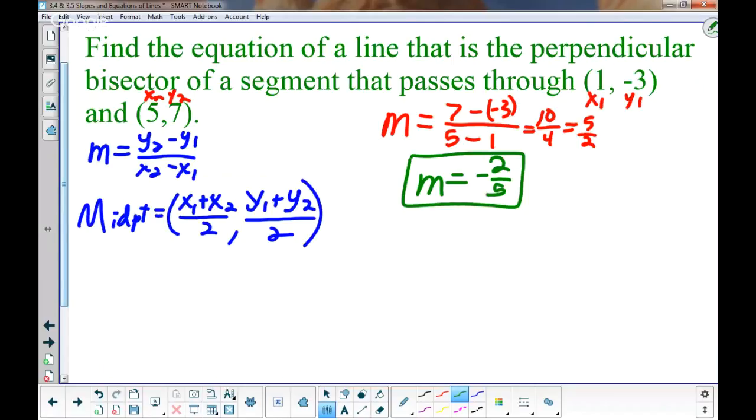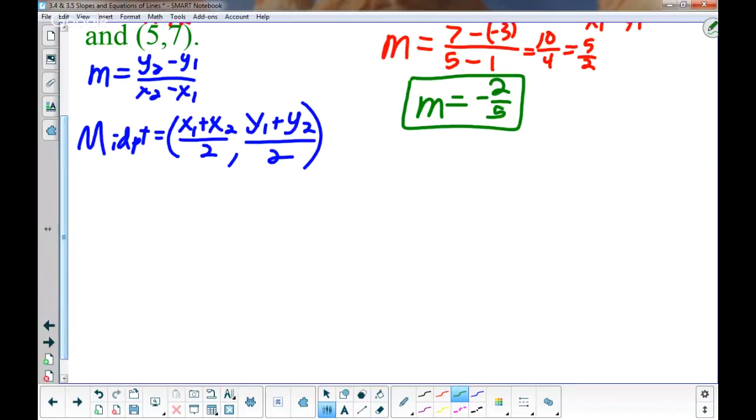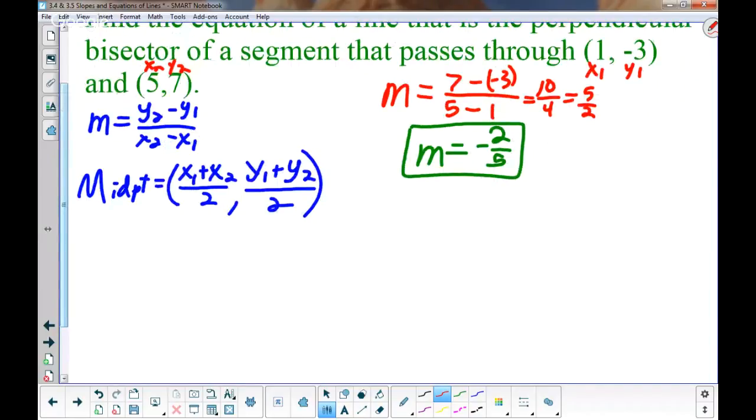Now I need to find the point that it passes through, and that's where I'm going to use my midpoint. So using my midpoint, I'm going to do the average of my x's and the average of my y's. I'm going to use the same (1, -3), (5, 7). So my midpoint is going to be (1 plus 5 over 2, comma, -3 plus 7 over 2).